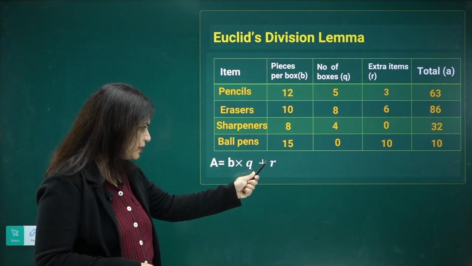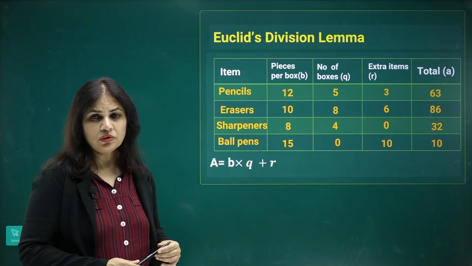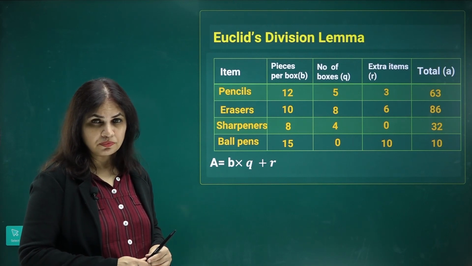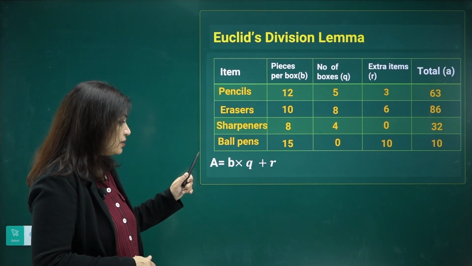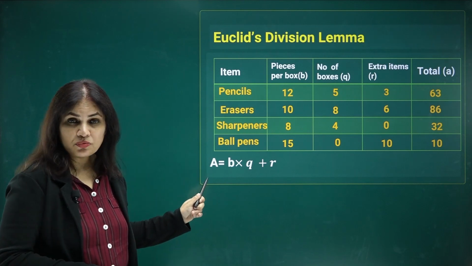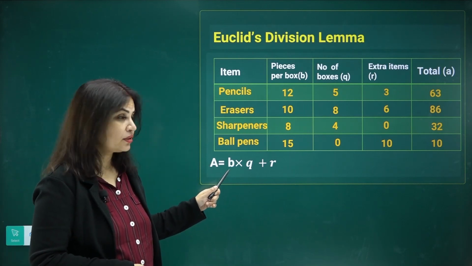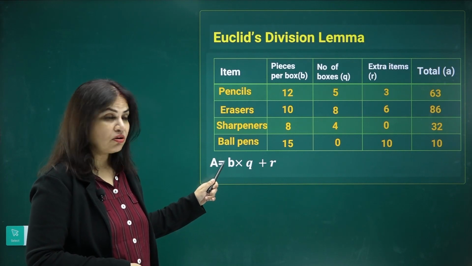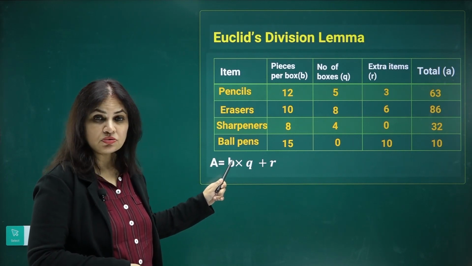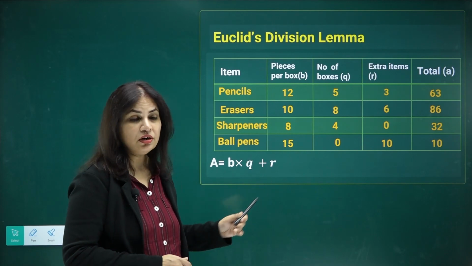So we have been doing this all through while doing division also, that I consider this a to be my dividend. Dividend is always equal to quotient into divisor plus the leftover remainder.